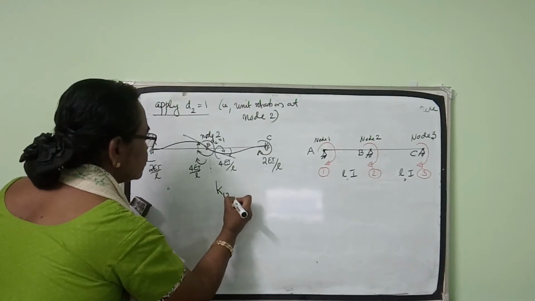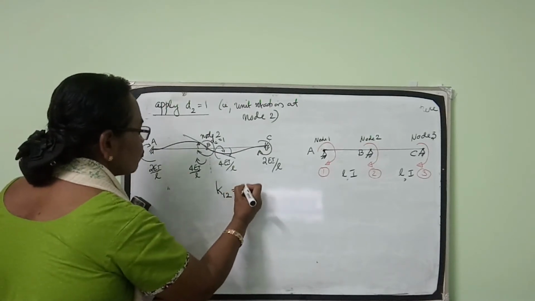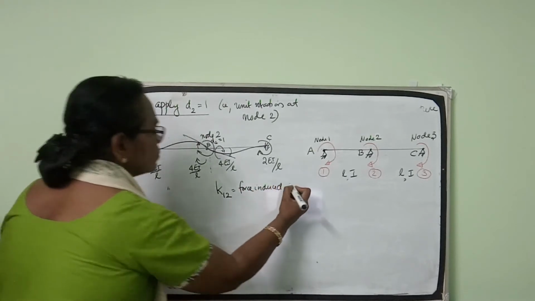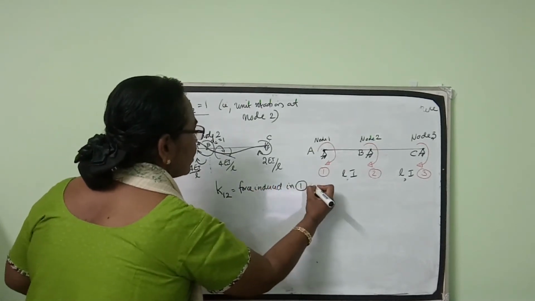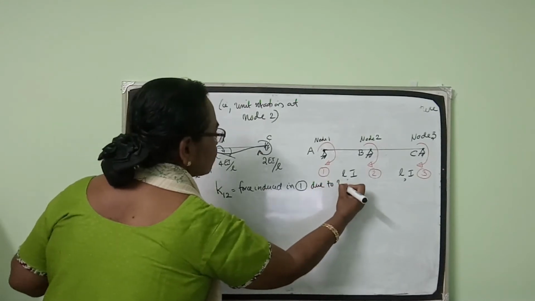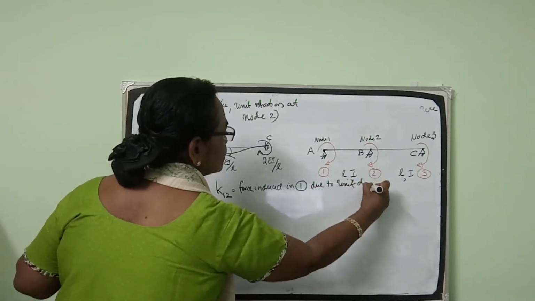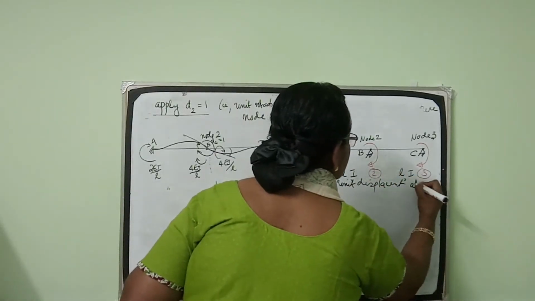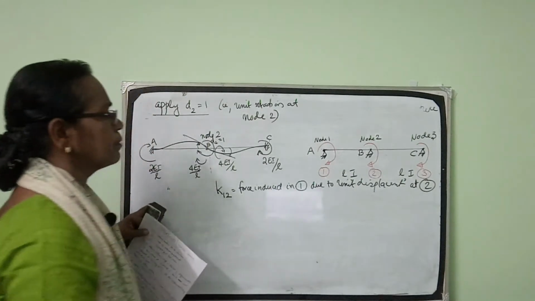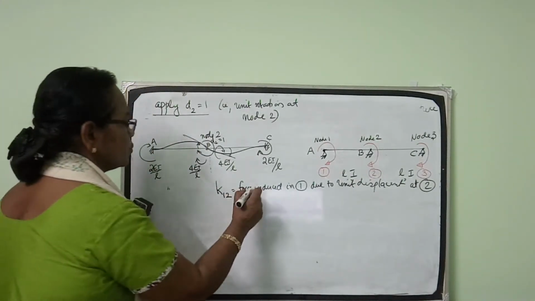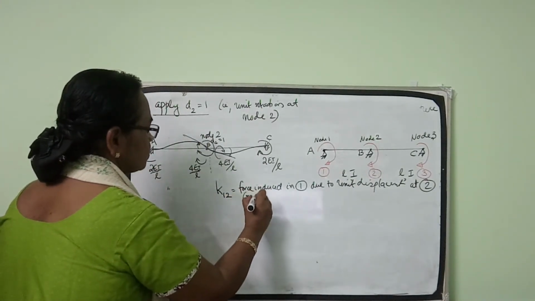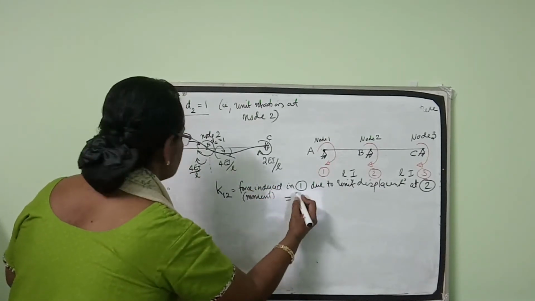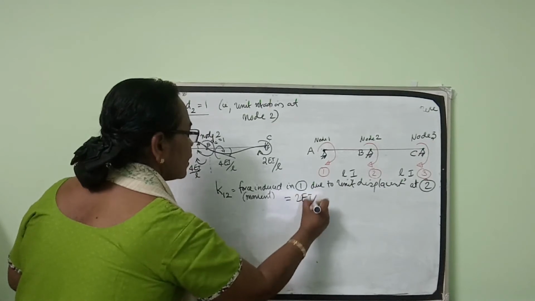K12 is force induced in direction 1 due to unit displacement at 2. When we give unit displacement at 2, what is the force induced? Force is here moment. The moment induced in direction 1, that value is 2EI by L.